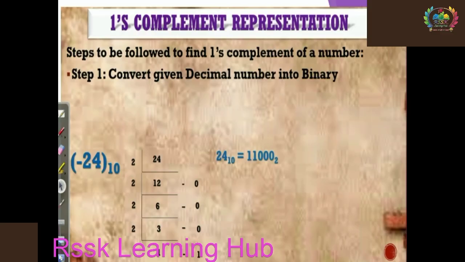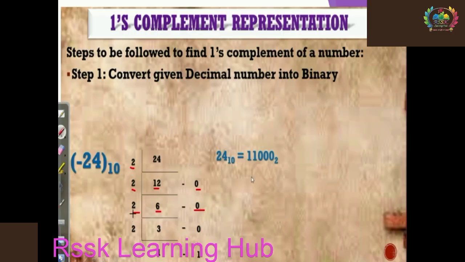Now consider this example, writing for 24. First thing is to convert the given decimal number into binary. So how are we going to change it? Here 24, you divide by 2. 12 2s are 24, balance is 0. Then again by 2, 6 2s are 12, balance is 0.